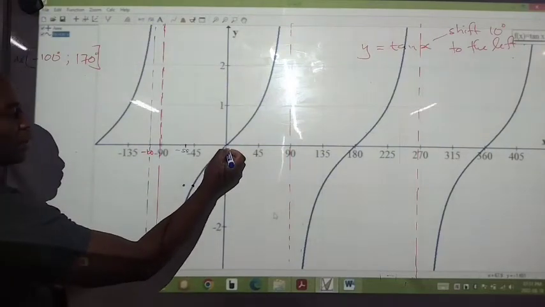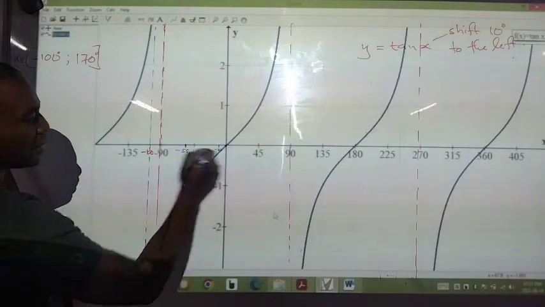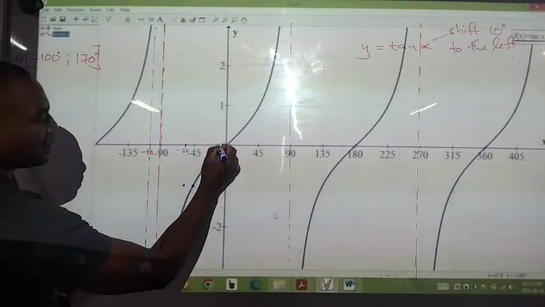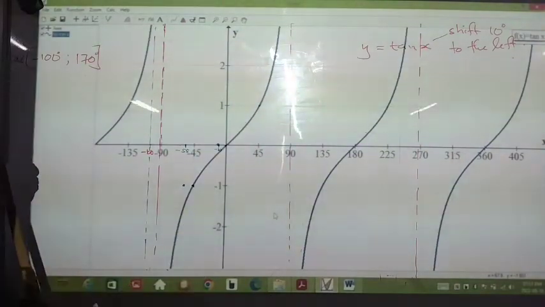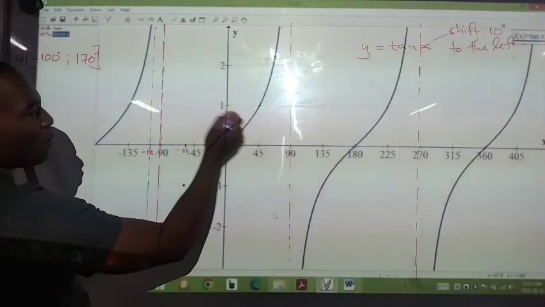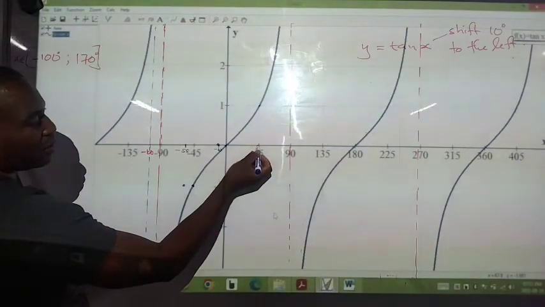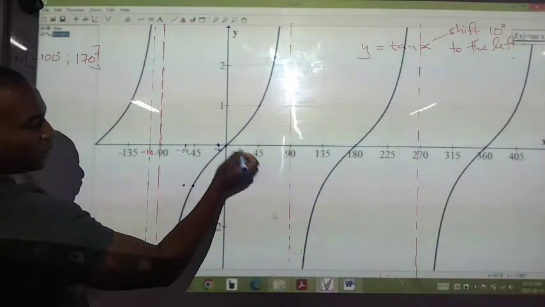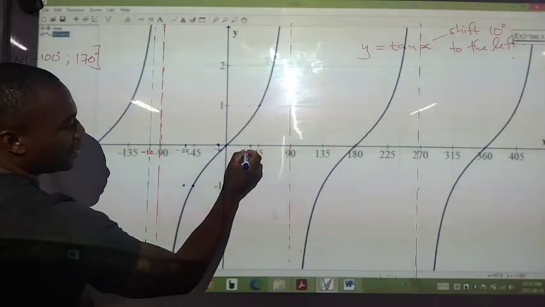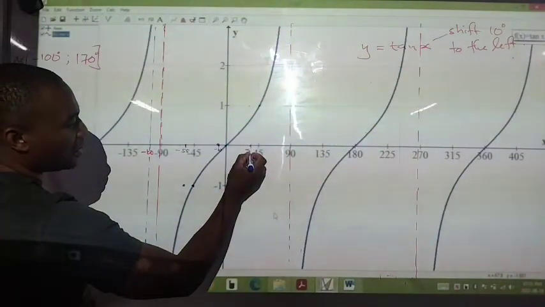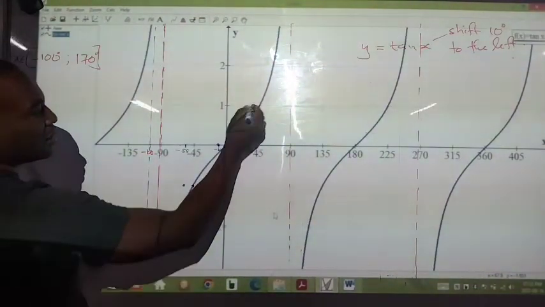And then this point, we move it 10 degrees, so it will be at negative 10. And then this point, which is another strategic point, 45 degrees, 1, we move the point horizontally 10 degrees, that will be 45 minus 10 degrees, which is 35. So the point will now have the coordinates 35 degrees, 1.